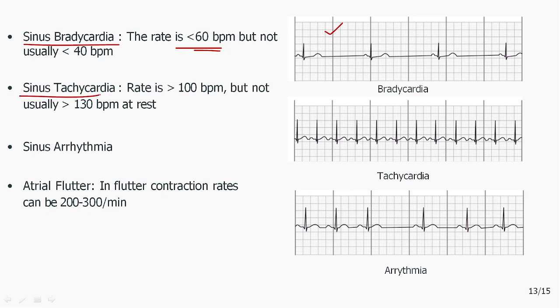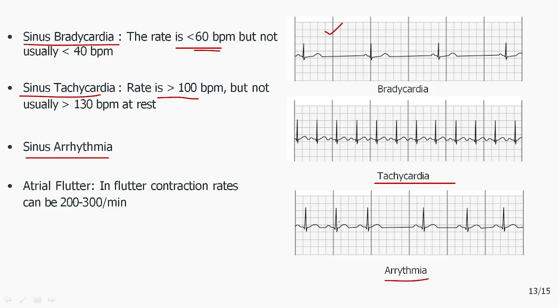Similarly, sinus tachycardia is a higher beat than normal. If the heart rate is more than 100 beats per minute, then we call it tachycardia. And the next one is sinus arrhythmia. Arrhythmia means the repetition is not uniform.